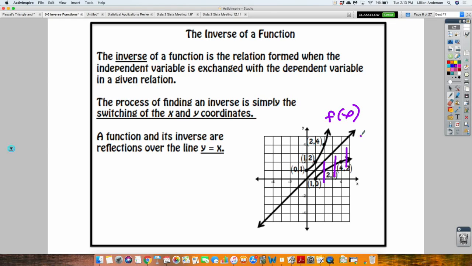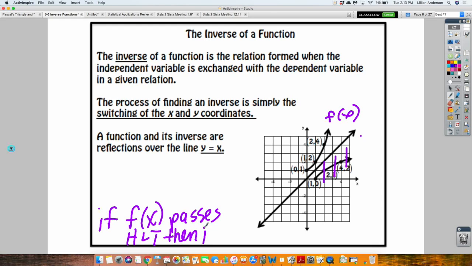Okay. So I'll write it. If your original function passes the horizontal line test, then the inverse is a function.